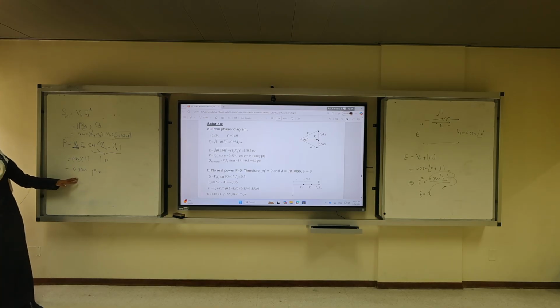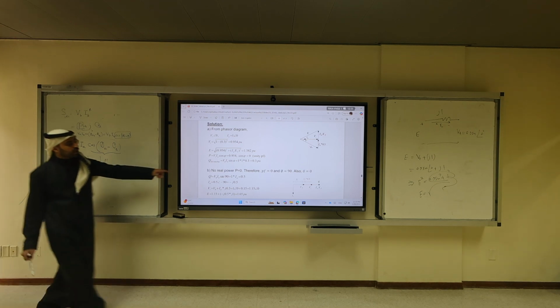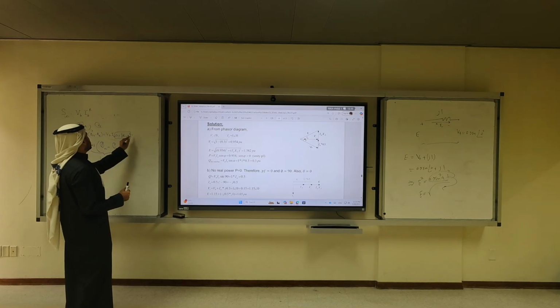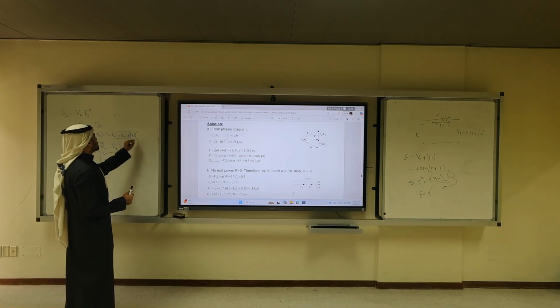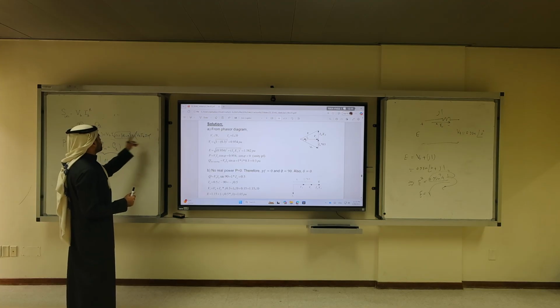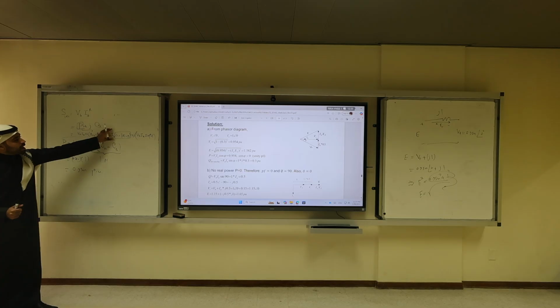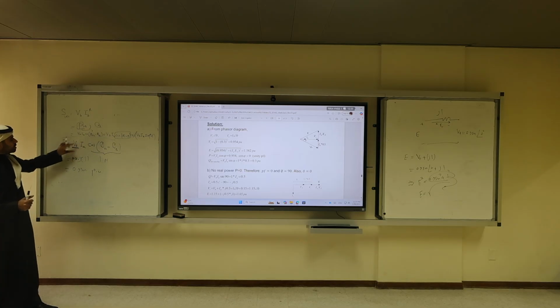Now to calculate the Q, we have to calculate alpha. Why? Because this Q is what? Vb, Ib, sine of, same story here, alpha. So this term, I did not use it this way, I use it at the power like leaving Vt.